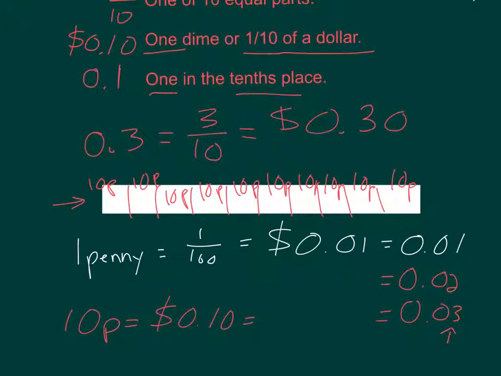Oh, that looks very similar to 1/10. So we could say that 1/10 equals 10 hundredths. Notice that the digit in the tenths place is exactly the same, and there's a 0 after it. That 0 doesn't add anything. There's no more pennies. It's exactly the same as 1/10.